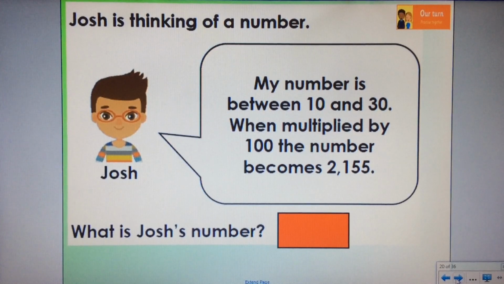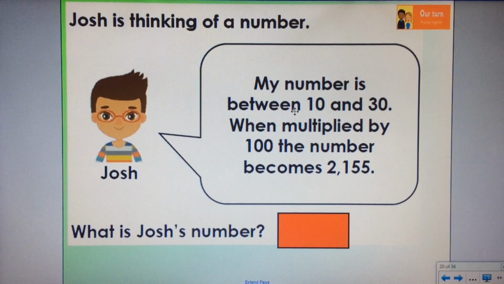Okay, so this is a sort of question where we need to work backwards a little bit and use our inverse knowledge. So we've got what the number becomes. So think about that first of all, 2155, and then work backwards to see what he started with. So it's multiplied by 100 to become this. So we want to use the inverse and divide it by 100 to find out what he had to start with.